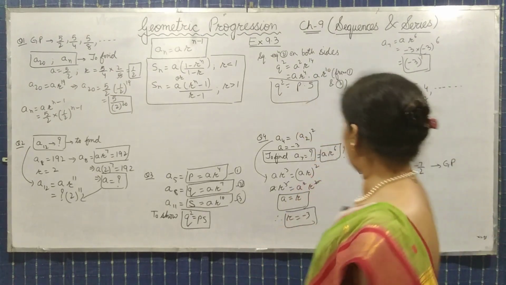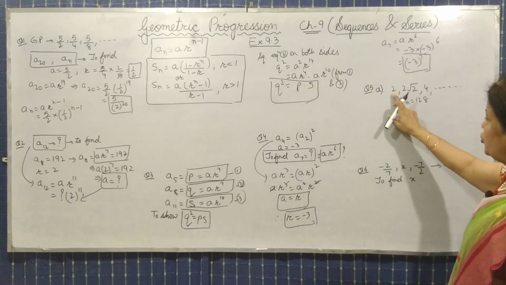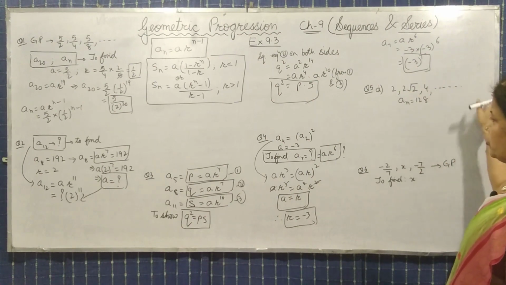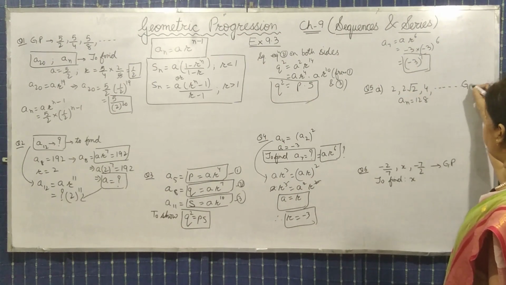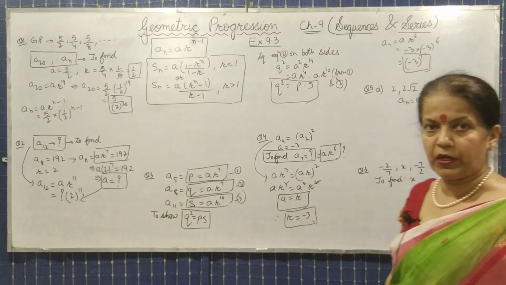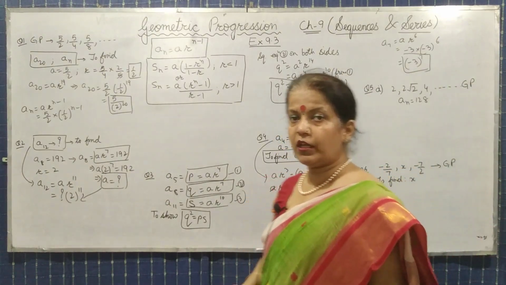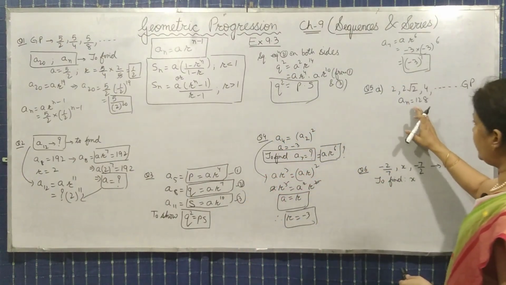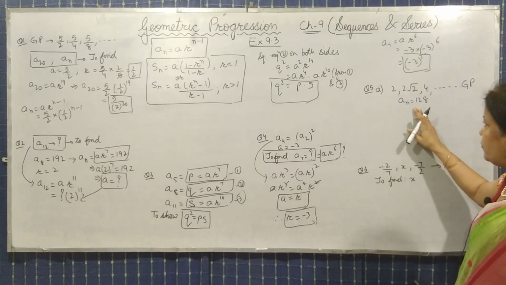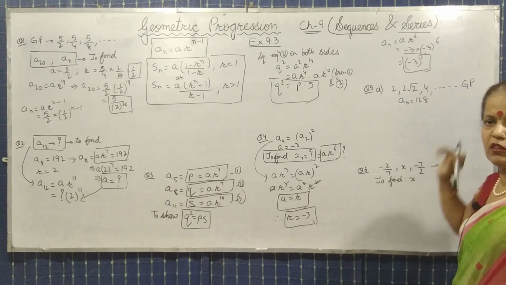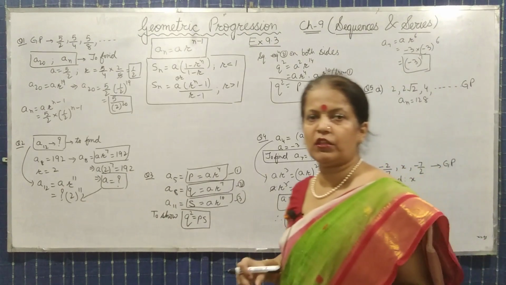In question 5th, it is written that 2, 2 root 2, 4 and so on forms a GP. Okay. Now the question is, what will be the number of terms if the nth term is 128? Nth term is 128.